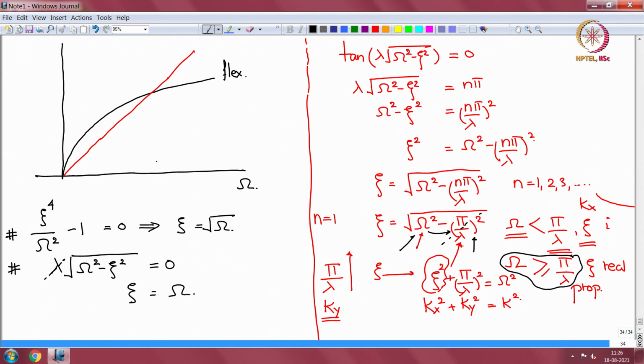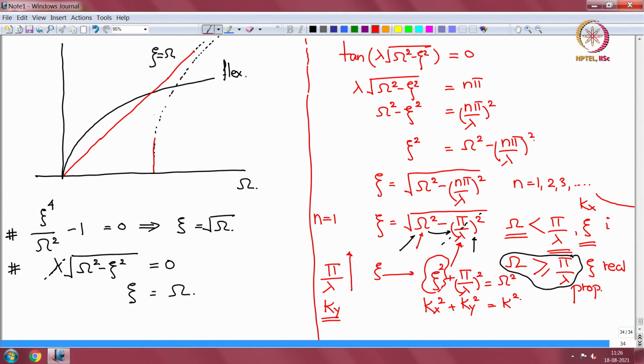This thing will start somewhere over here, and with frequency it will approach the plane wave xi equal to omega, but this cut-on wave will approach this fellow at higher and higher values of omega.